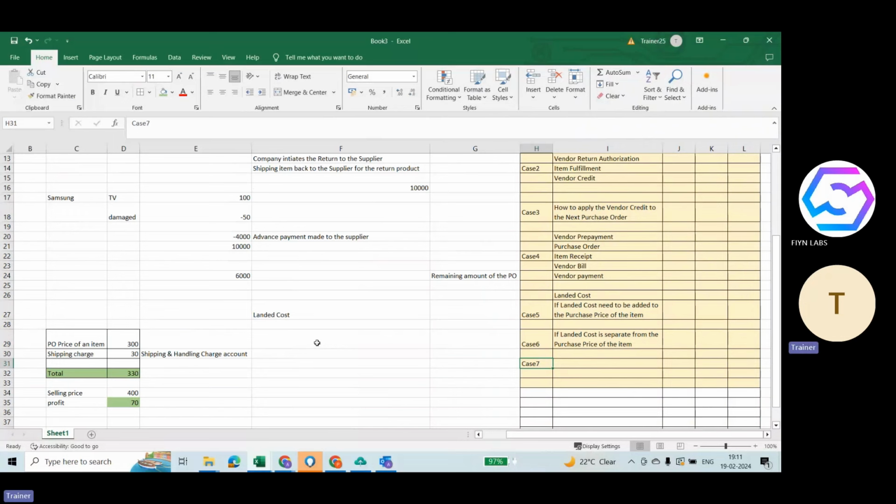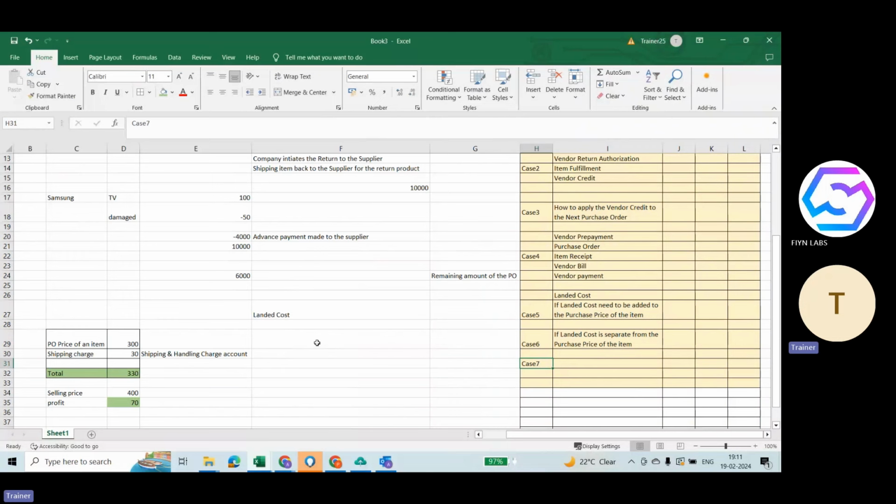The Chinese company is only responsible for the product, so they will be delivering it to the US company. However, there is a third vendor who is only responsible for delivery. That company does not care what item company A is buying and what item company B is selling.